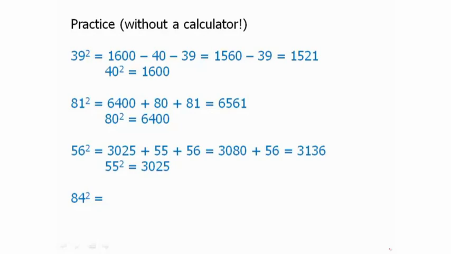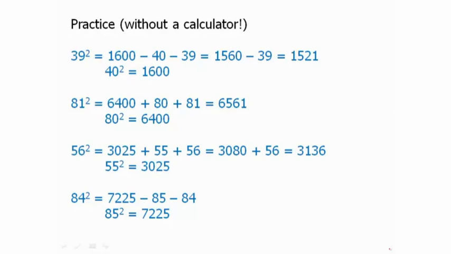84 squared. Well, first we need to find 85 squared. 85 is between 80 and 90. Drop the zeros, so that's 8 and 9. 8 times 9 is 72. Put that in front of 25, 7225. That's 85 squared. From there, we're going to subtract 85, then subtract 84. Okay, bit tricky.